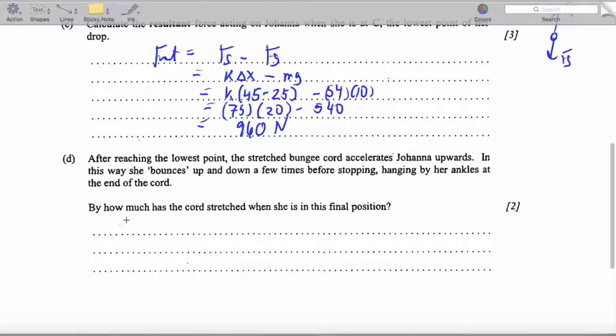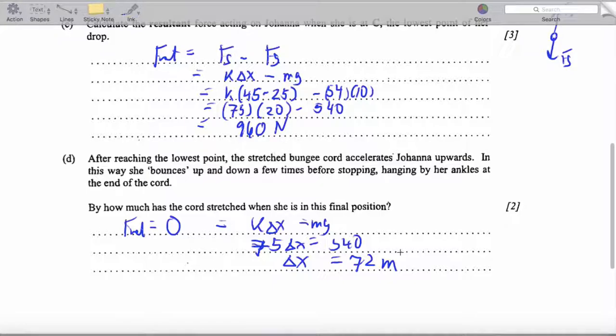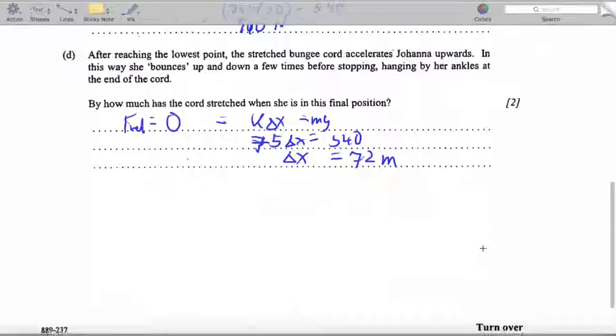So that's going to be F net is going to be 0. K delta X equals mg. So that's 75 times delta X equals Joanna's weight of 540. So delta X is going to end up being 7.2 meters. So that's it for the bungee cord problem.